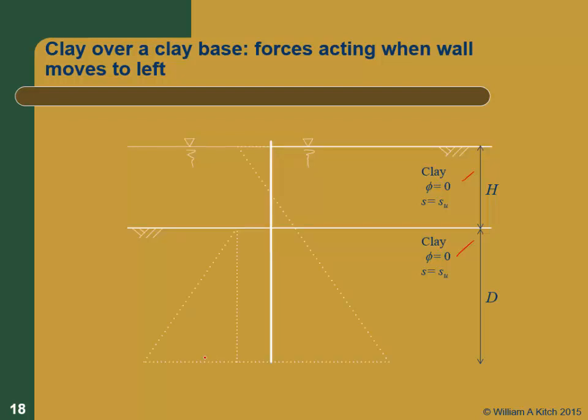So my earth pressure diagram is going to look something like this. Remember, the active earth pressure is going to be negative 2 times the cohesion.